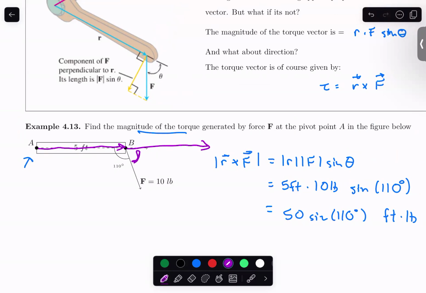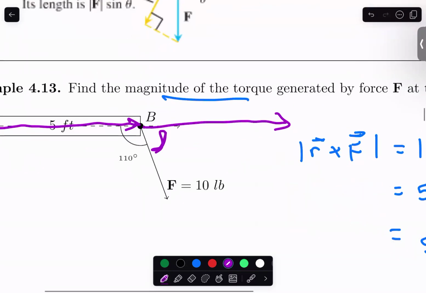And yet we got this theta over here of 110 degrees, right? I guess knowing that these two angles for a straight line should sum up to 180 degrees, this should be 70 degrees right here.